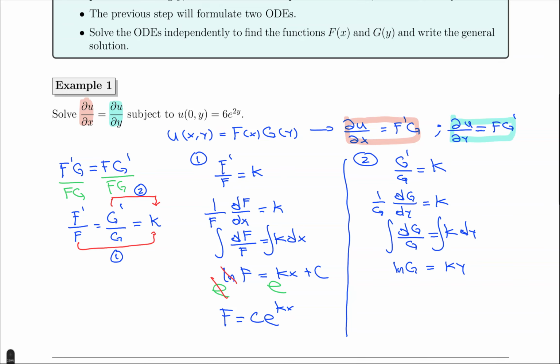But we can't use the same constant we already used in the previous separation, so I'm just going to use another letter, d. Similarly as in the previous solution, exponentiate both sides. e to the ln cancel out. g equals, again, e to the d is simply another d, e to the ky.